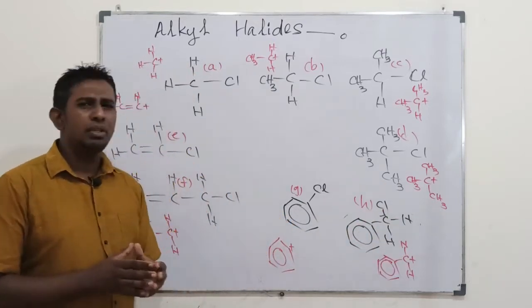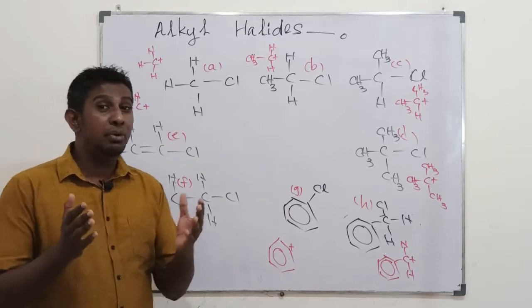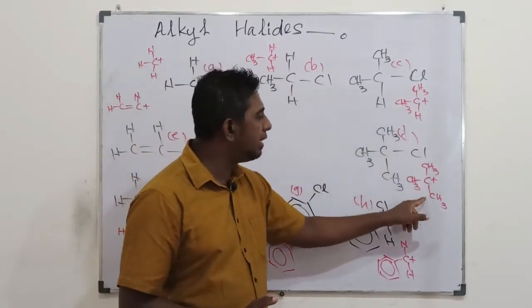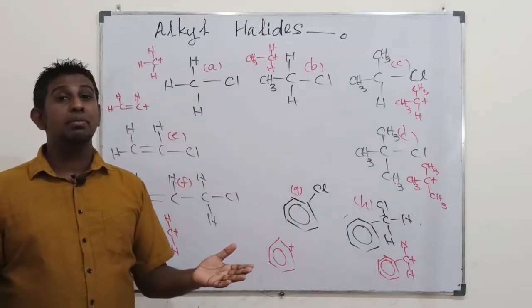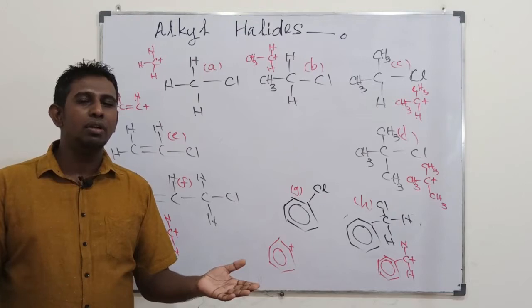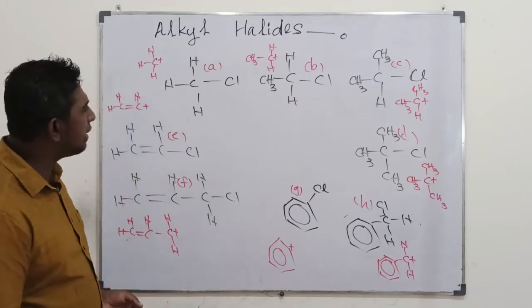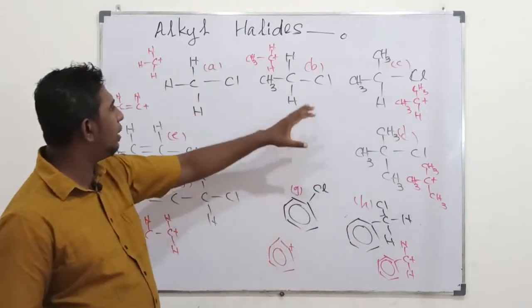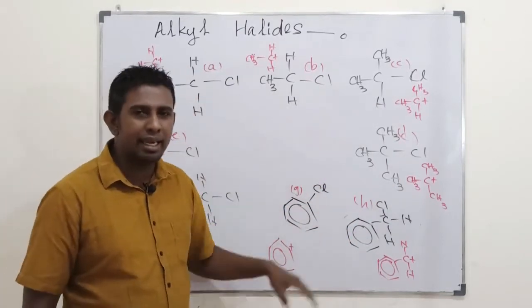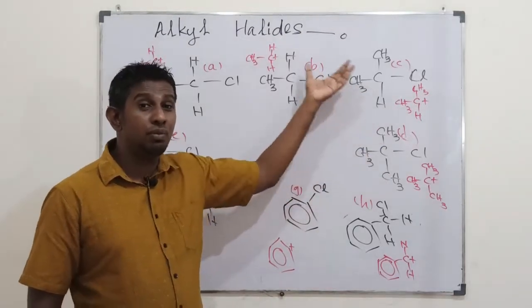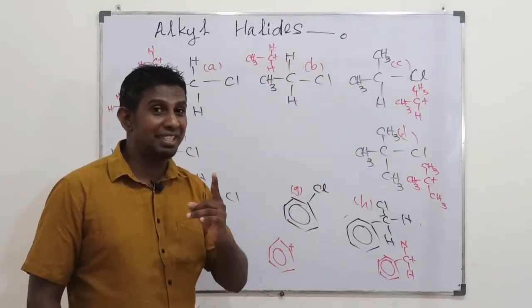So therefore, students, if we could compare these cations' relative stabilities, we could predict whether it would leave easily or not. So let's first consider these four, A, B, C, D, because they all are simple alkyl halides.